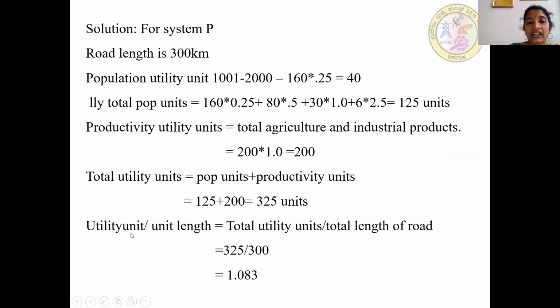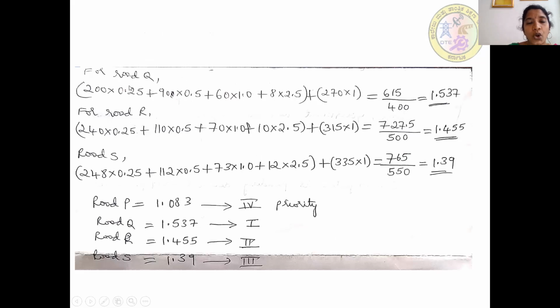Now, utility unit per unit length will be equal to total utility units divided by total length of road. That will be 325 divided by the total length, which is 300. You will be getting 1.083. In a similar manner, you calculate for all the roads. For road Q, you have 200 into the utility unit, 900 into 0.5 plus 60 into 1, 8 into 2.5.